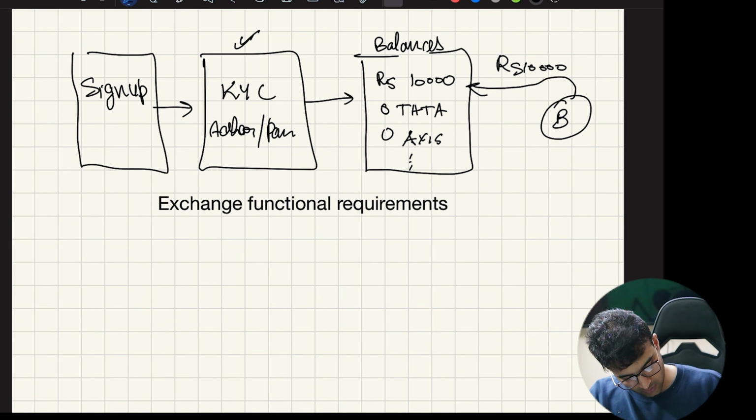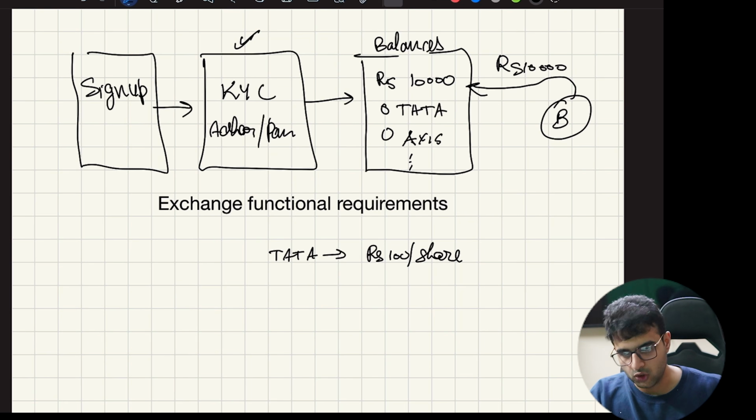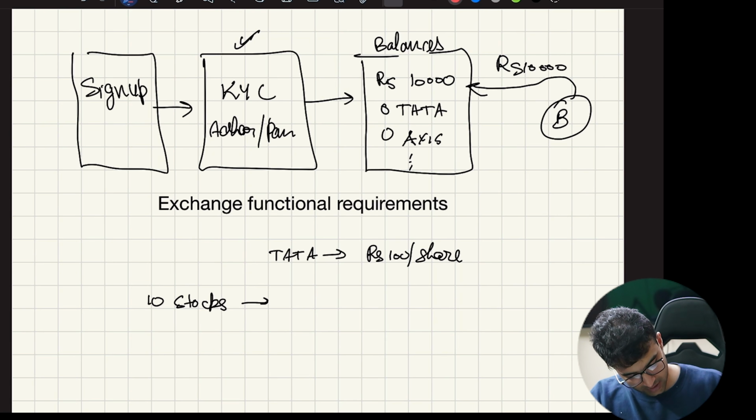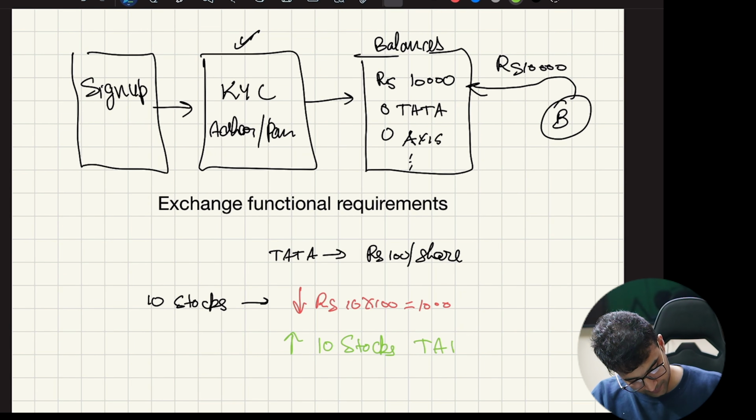Well, if the stock of Tata, let's say, is trading at 100 rupees a share, you can go to Zerodha and say, hey, I need to buy 10 stocks of Tata, which would mean your account will get debited by 10 into 100, which is equal to 1,000 rupees. And your account will get credited with 10 stocks of Tata.